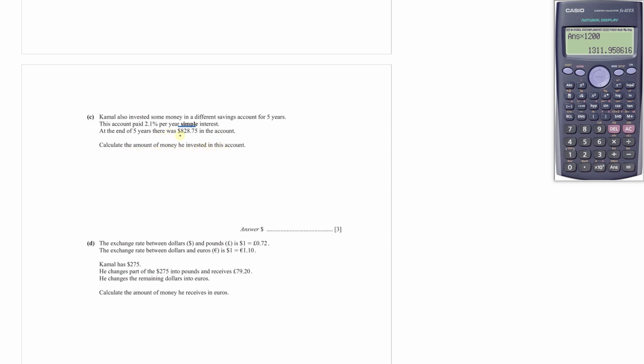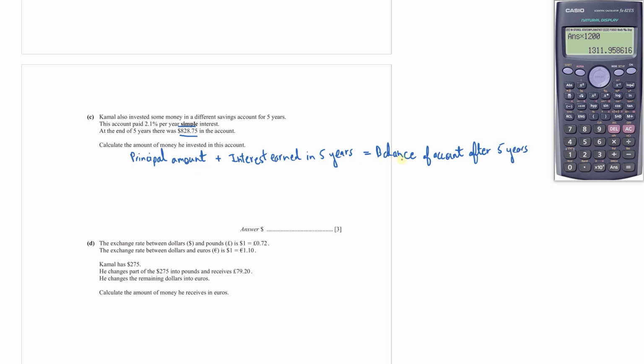So we know that at the end of 5 years, the account balance was $828.75. So that means the principal amount that was invested initially plus the interest earned in 5 years, if you add them together, is the balance of the account after 5 years.